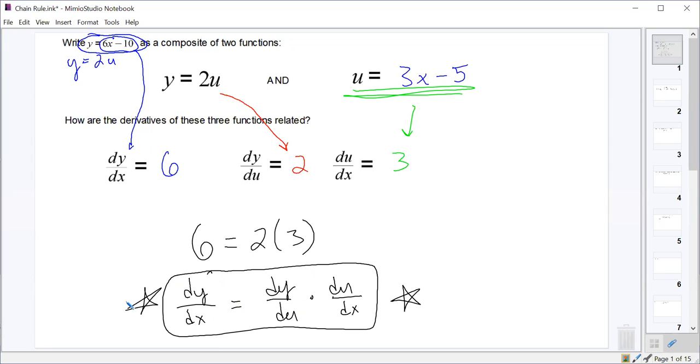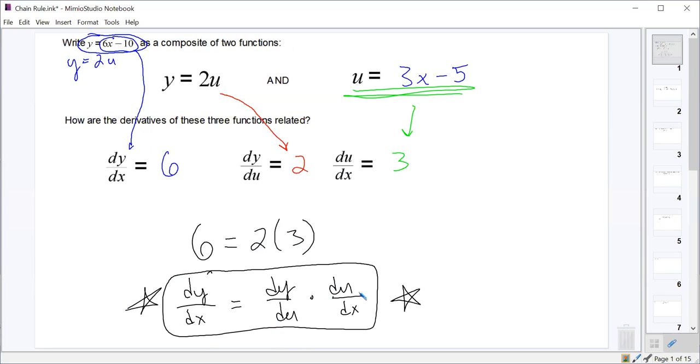Now, obviously, we didn't need to write y equals 6x minus 10 as a composite of 2 functions, right? But if we did, we would find that its original derivative is just the product of the other 2 pieces that we wrote as the composite multiplied together. Okay? So dy dx is equal to dy du times du dx.